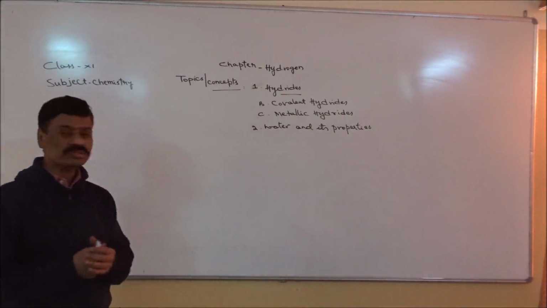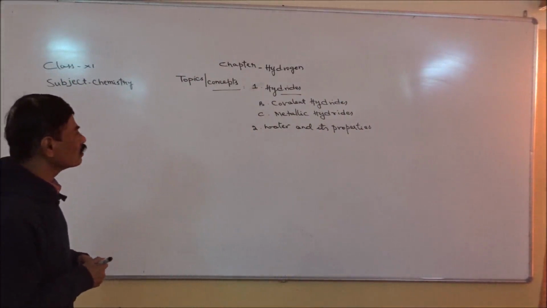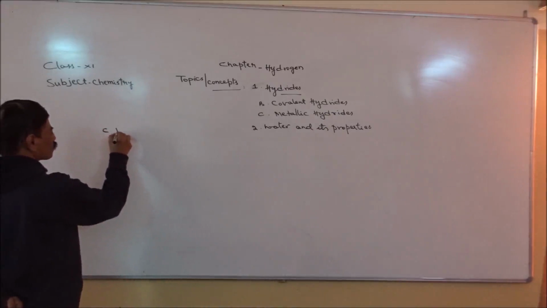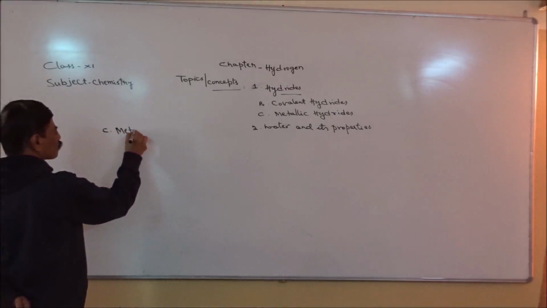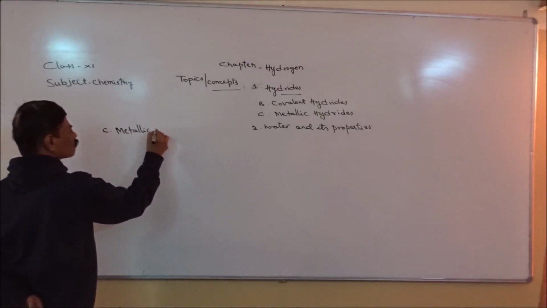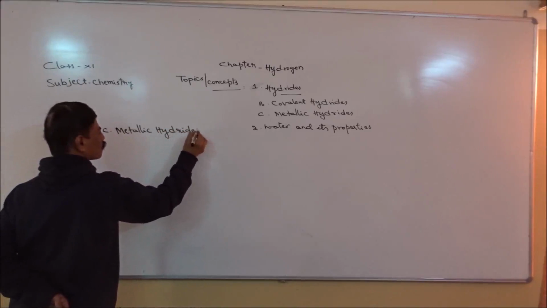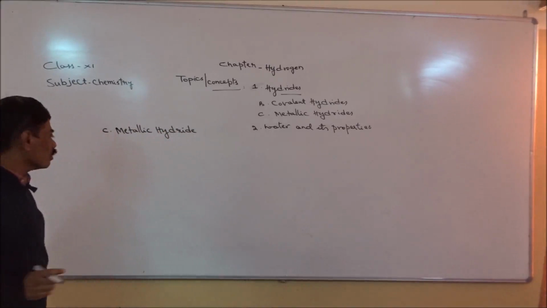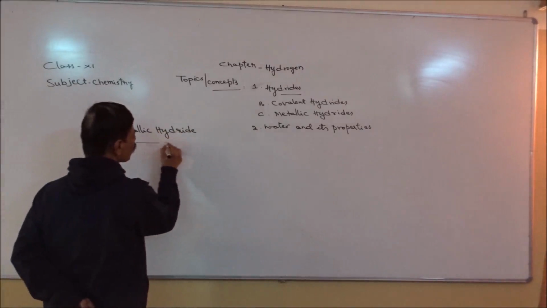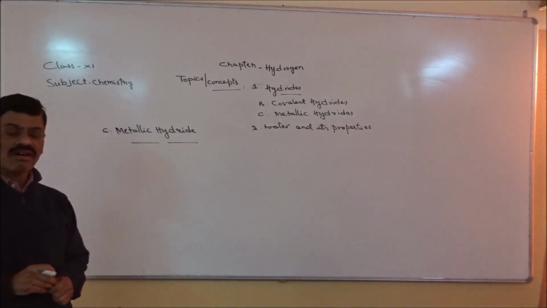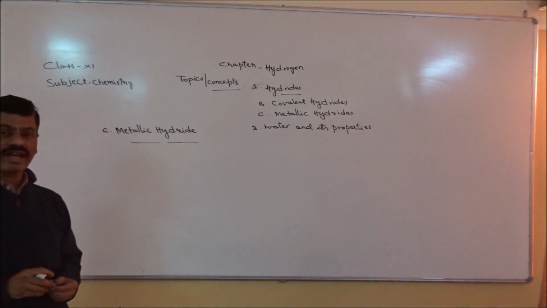Now we will move to the third type of hydride, that is metallic hydride. These metallic hydrides are also known as non-stoichiometric hydrides.